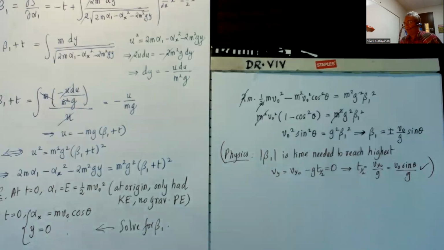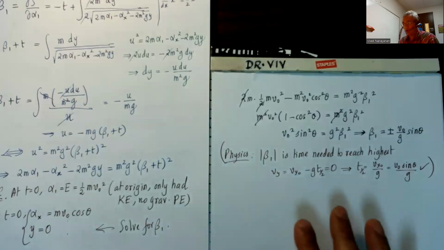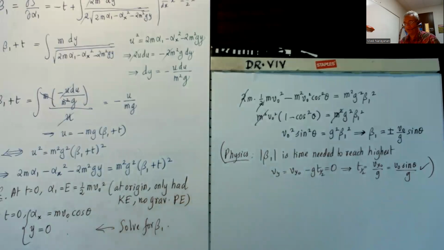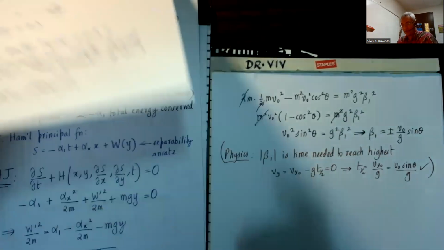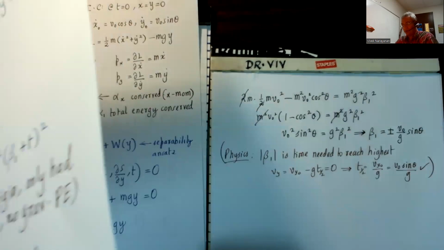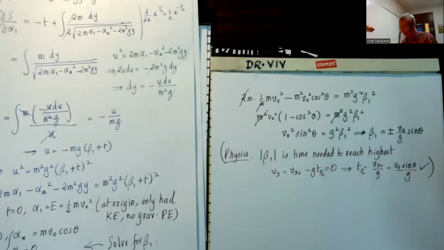So that's the physical interpretation of this result. Let's now substitute the initial conditions back in equation 1, which is this equation that I forgot to call equation 1. Did I forget to call it equation 1? Probably did.